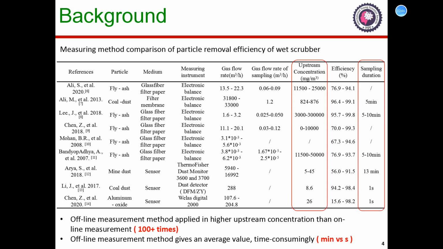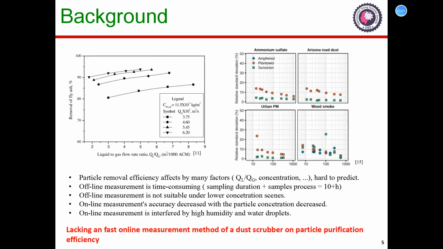The offline measurement method is often used at a higher upstream concentration than the online measurement, and the offline method often gives us a real value, but it is very time consuming. And this slide shows some results about the online measurement method.